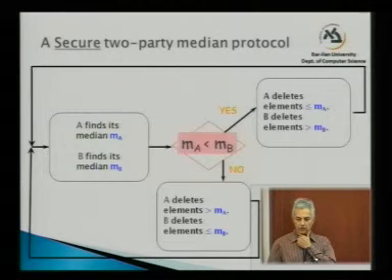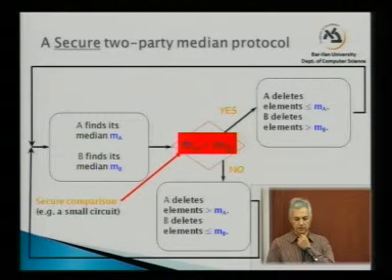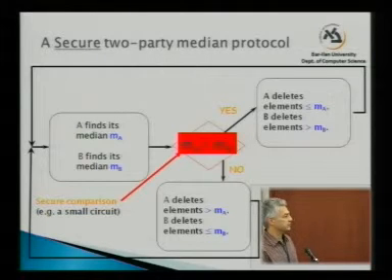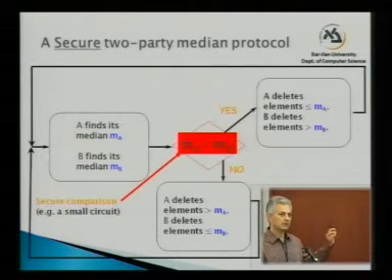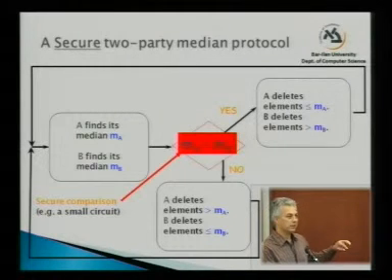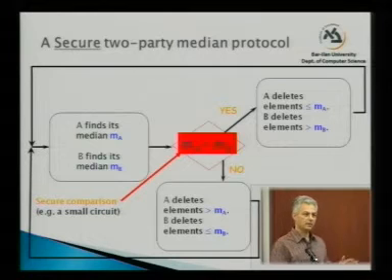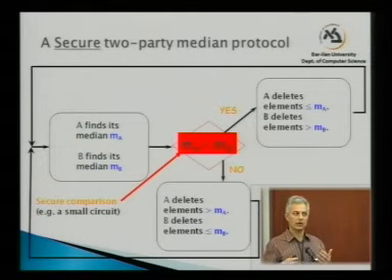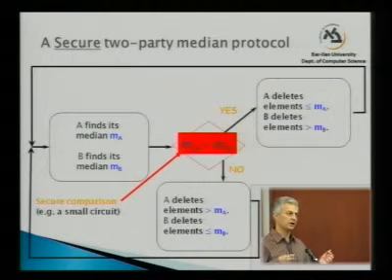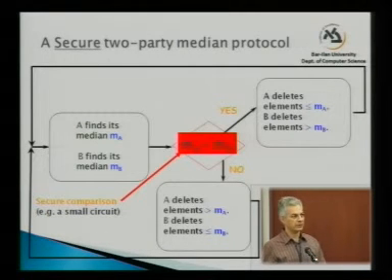And I claim that in order to make this protocol secure, the only thing we need to do is to replace this comparison with a secure comparison. Basically, run here a comparison which does not reveal MA to B and MB to A, but just rather only reveals to the parties a bit saying which one is larger, Alice's median or Bob's median.